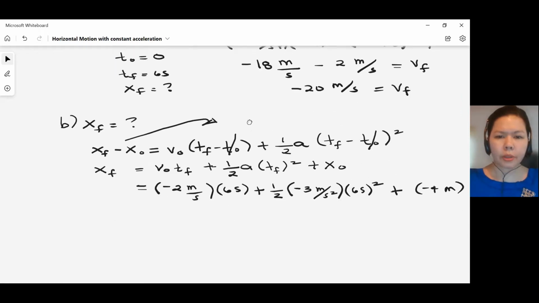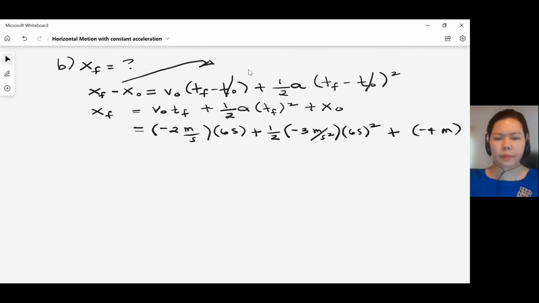Simplifying, you can use your calculator. Negative 2 times 6 plus 1/2 times negative 3, 6 squared plus negative 4 meters. Now, second over second cancel, and second squared over second squared cancels, leaving the unit meter for all terms, and so we can combine all the terms there.